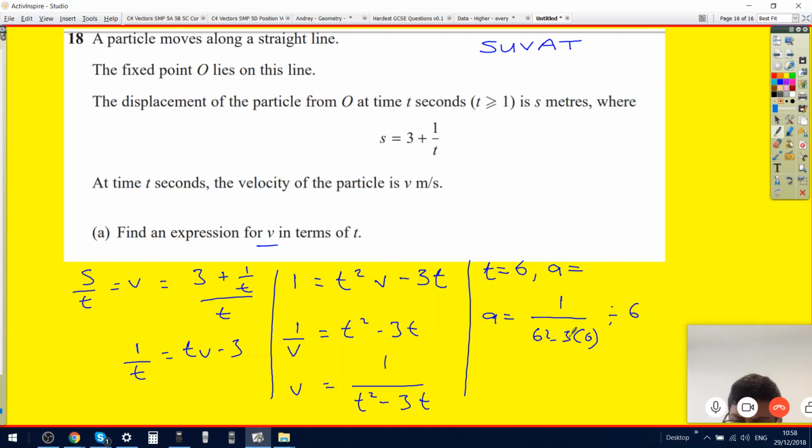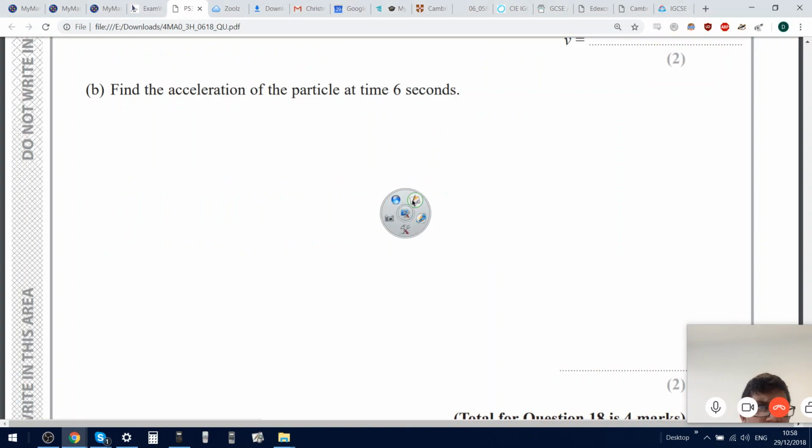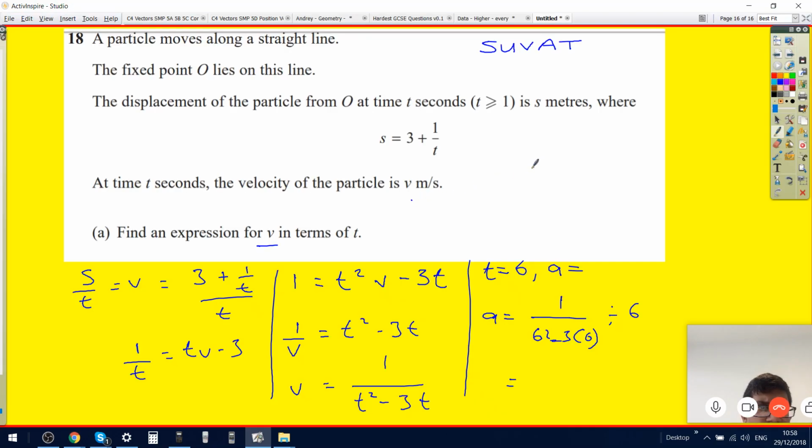They didn't say seconds. Time 6 seconds, so it will be meters per second squared.